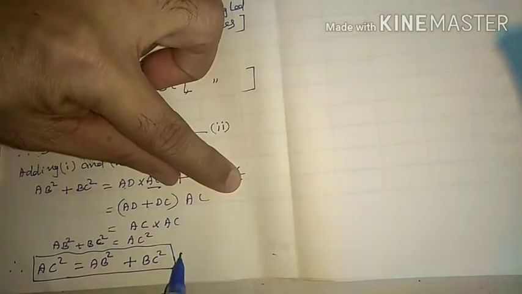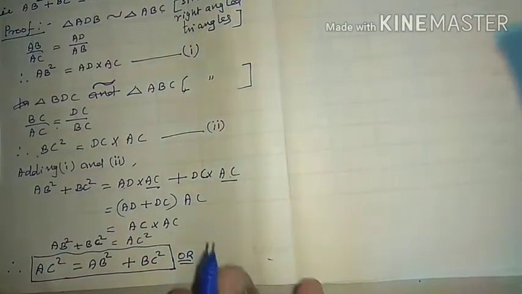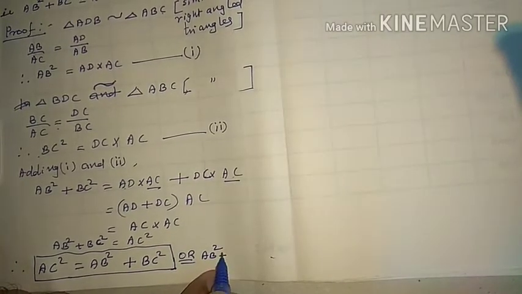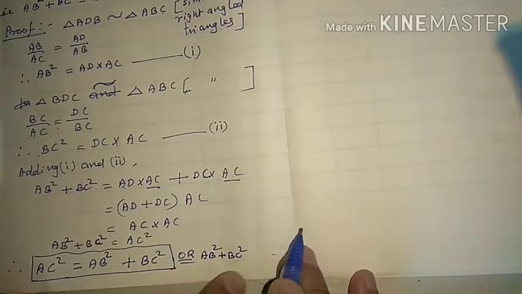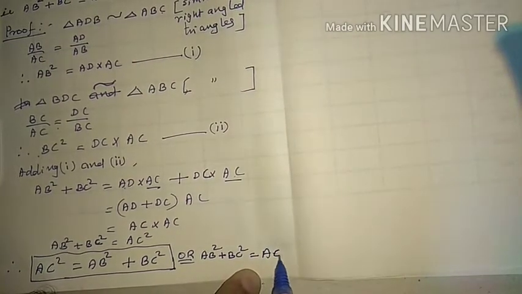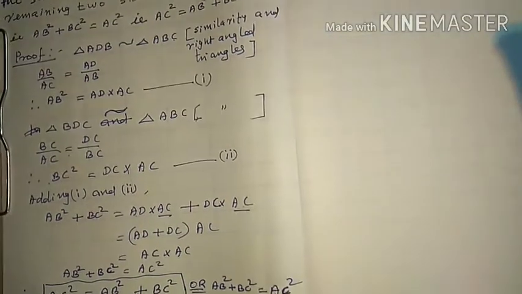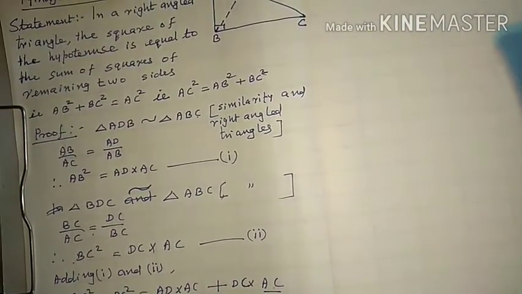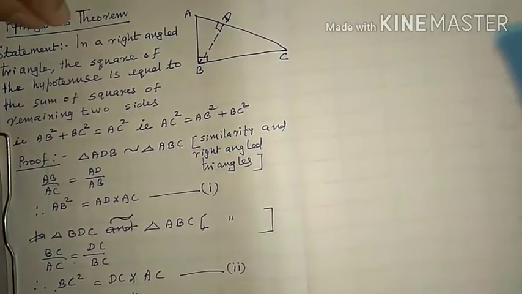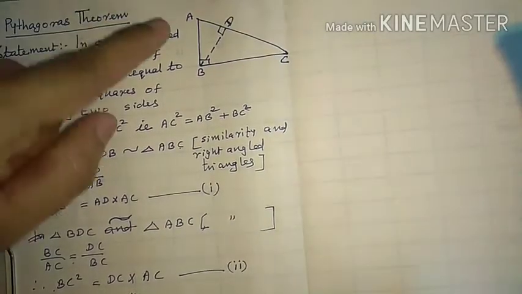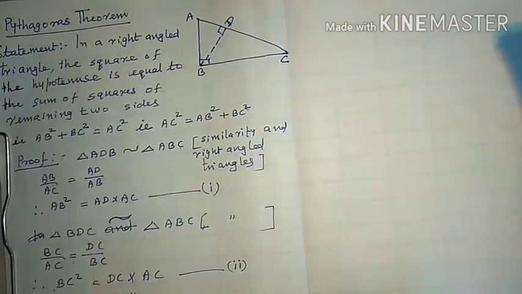Or you can write the other way, side changing, AB square plus BC square is equal to AC square. One and the same thing only. This is Pythagoras theorem.